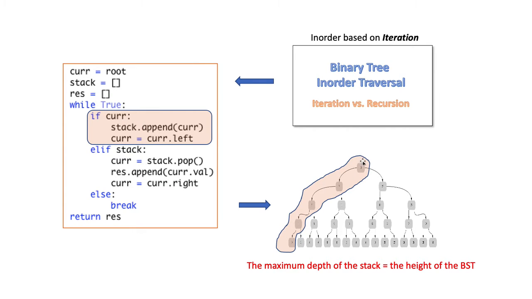It goes from the root node all the way to the leftmost leaf node. It certainly has the maximum depth for the stack in terms of the height of the binary search tree. So as long as we keep the maximum depth of the stack array within H, then we can achieve the space complexity of O(H).